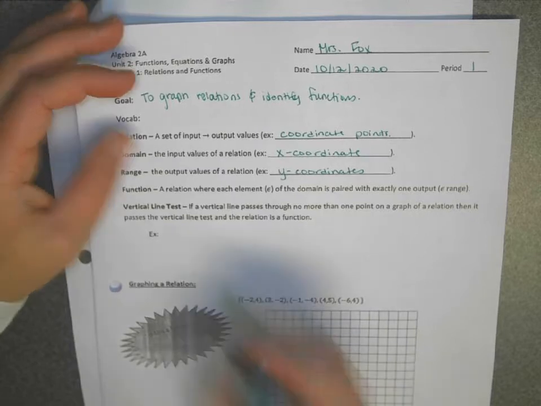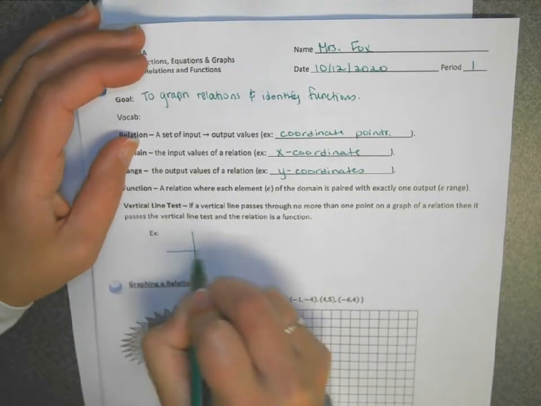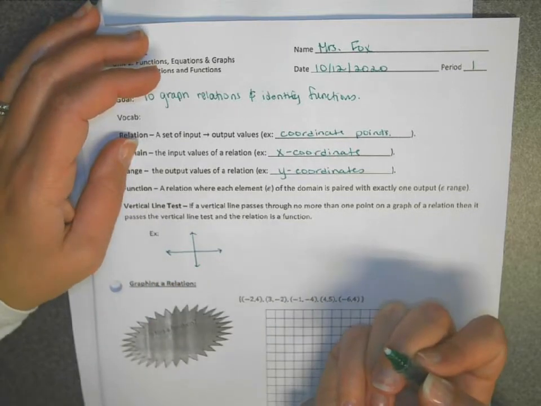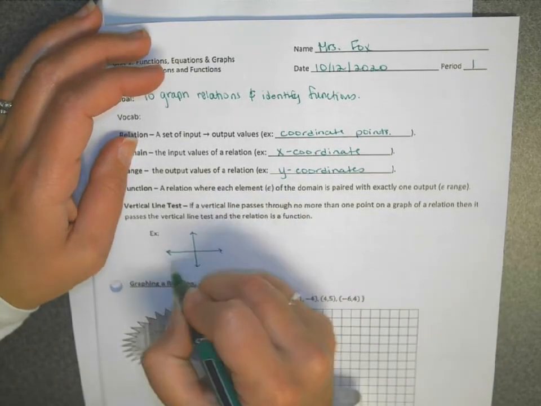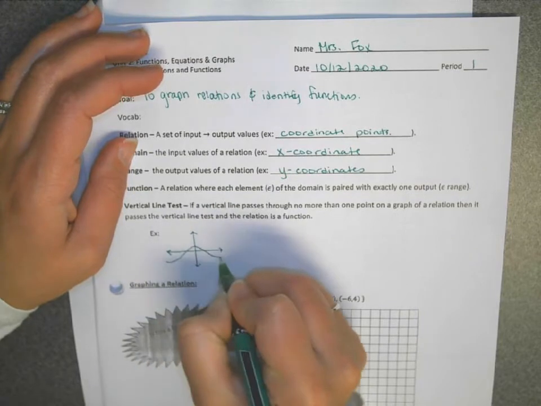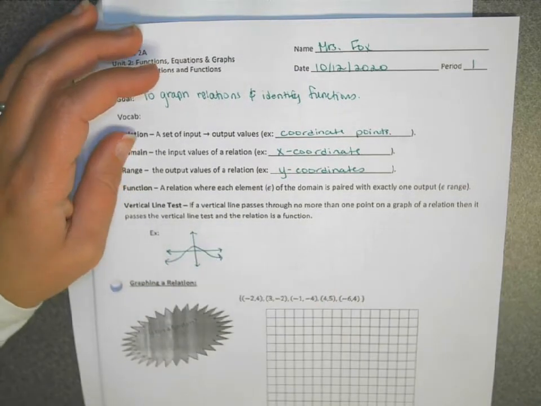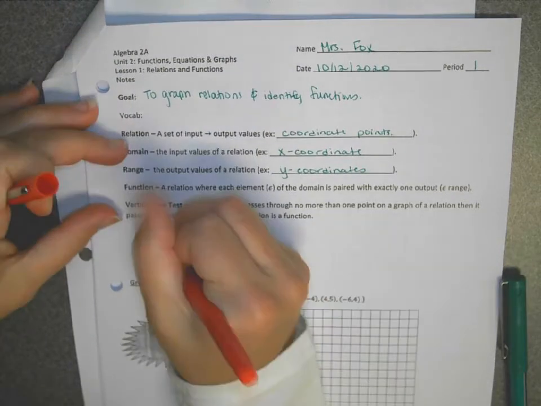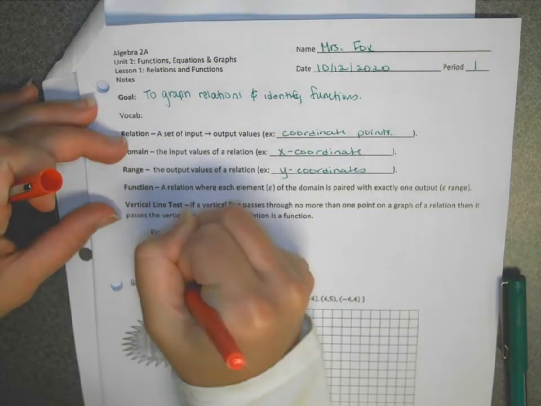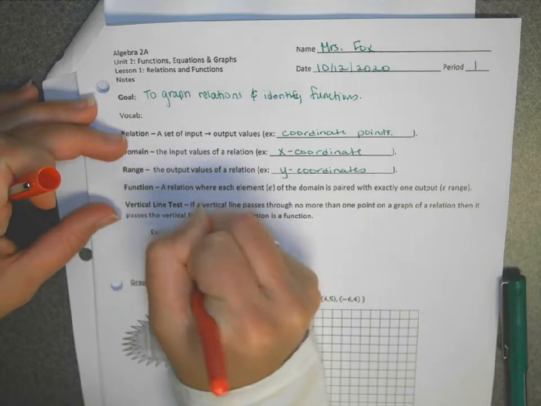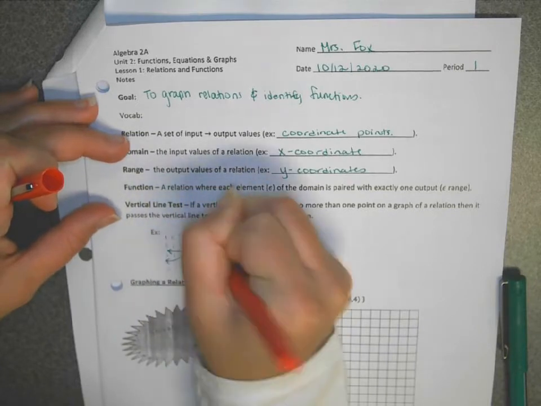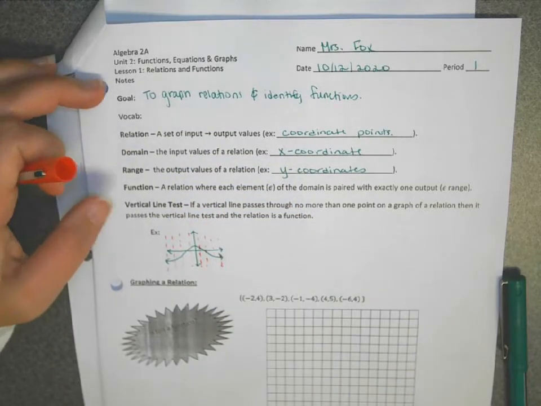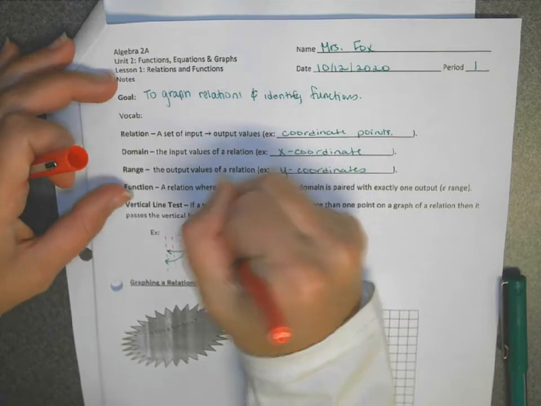So for example, if I had a graph that looked like this, and I had a curve like this, anywhere you were to draw a vertical line, it would only ever hit this curve once, no matter where you draw that vertical line. So yes, this is a function.